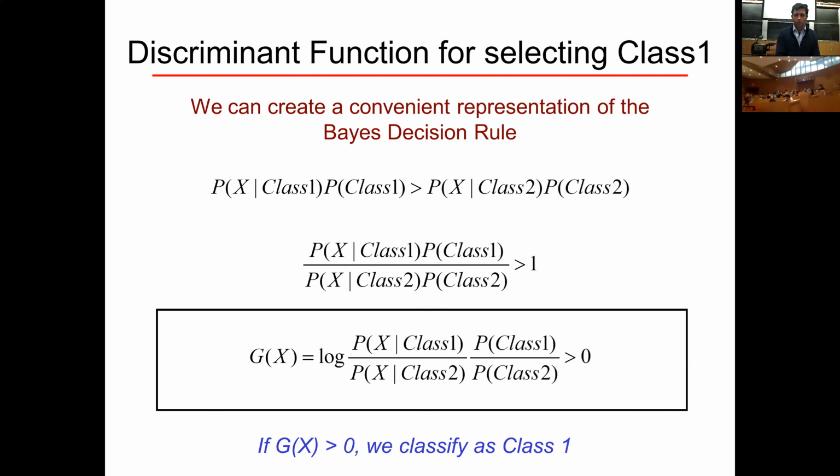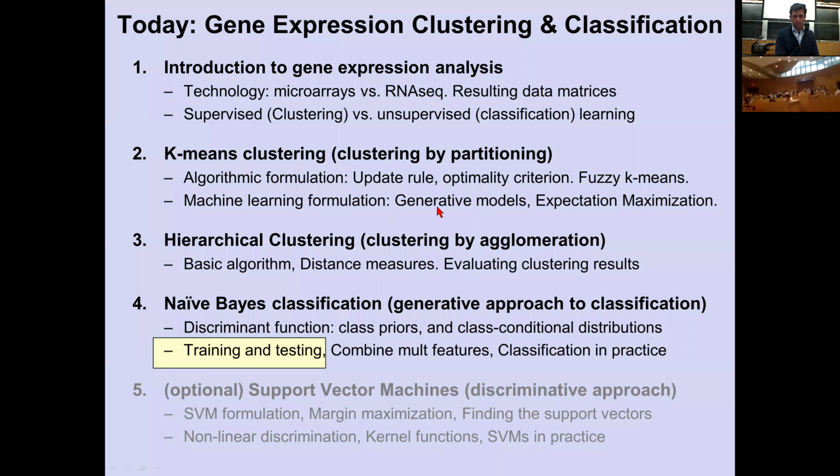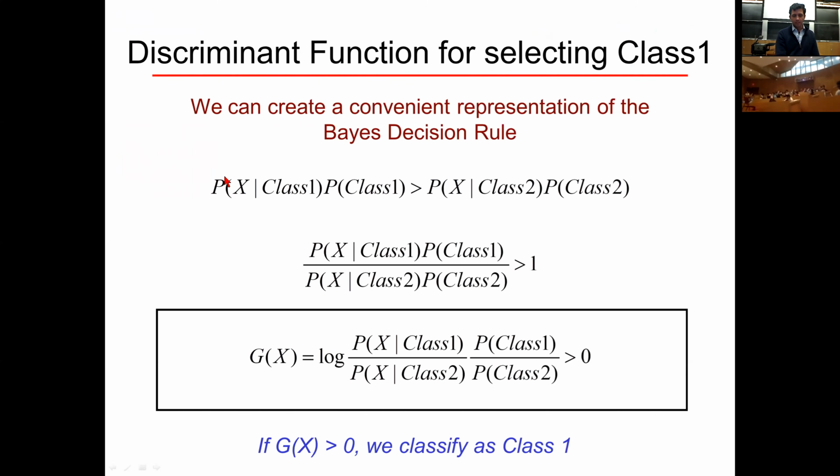Instead of computing two numbers each time, I can compute a single number, the ratio of those two. If that ratio is greater than 1, I classify as class 1, and if the ratio is lower than 1, I classify as class 2. Or I can take the log of that, and if the log is greater than 0, I classify as class 1, and if it's less than 0, I classify as class 2.